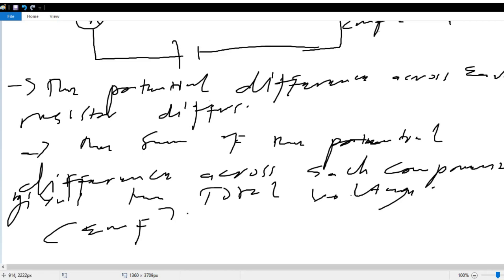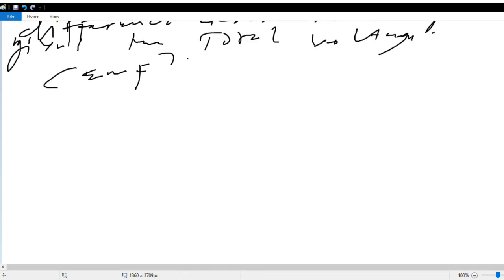Then let us now look at how you can calculate the total resistance in a series connection.